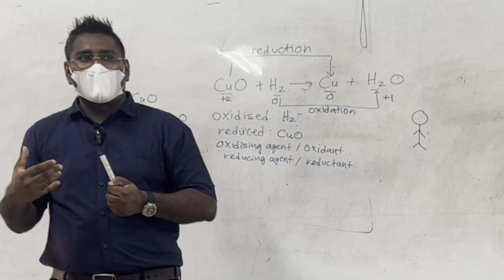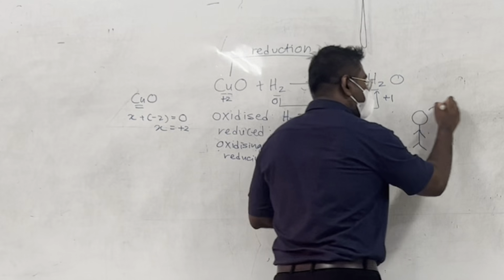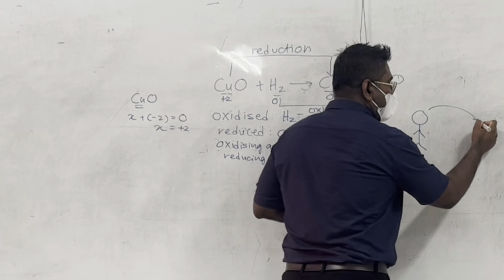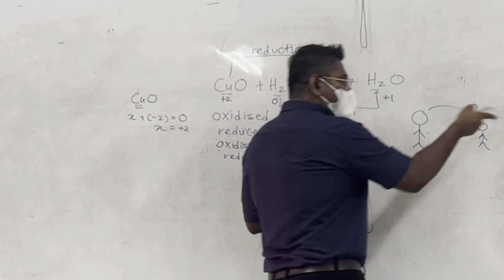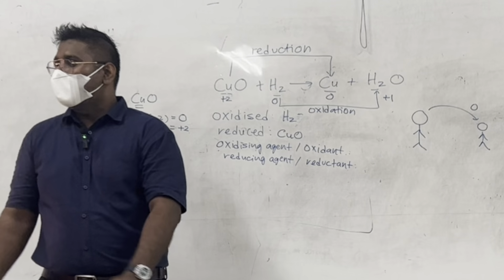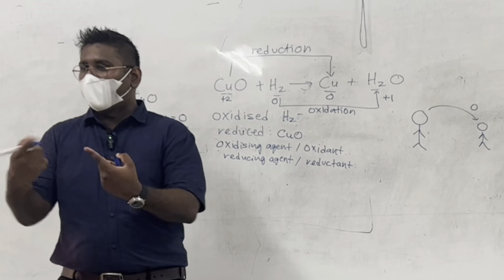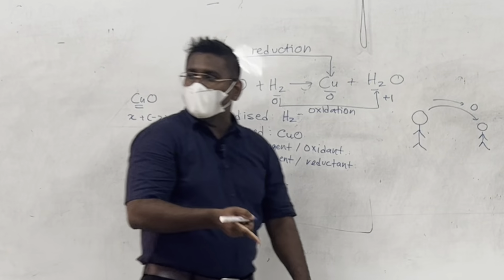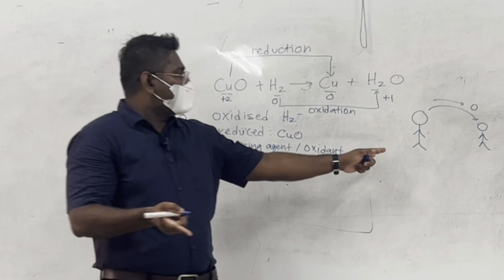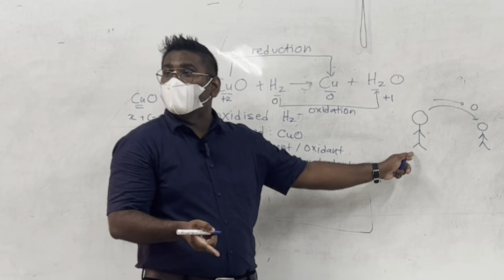It means that they are going to oxidize others. Let's say there's another person who gives the oxygen. They keep on giving the oxygen, oxidizing, but they are going to lose the oxygen. If they are losing oxygen, they are going to be reduced as well.